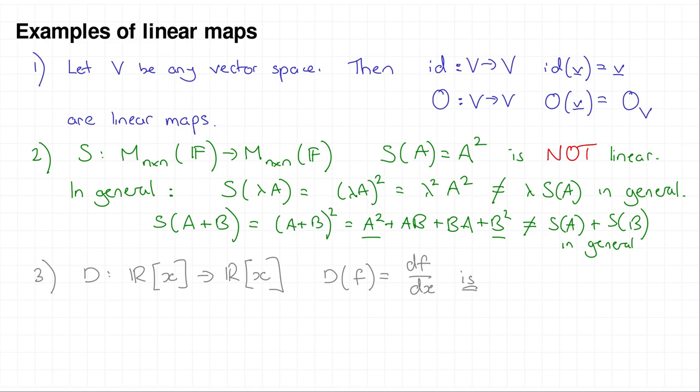And this is a linear map. So D is a linear map. And the reason for that is because the two linearity properties are just familiar properties of differentiation.